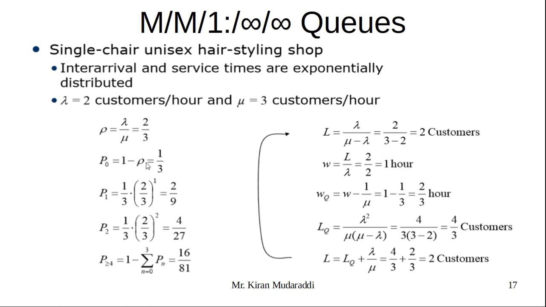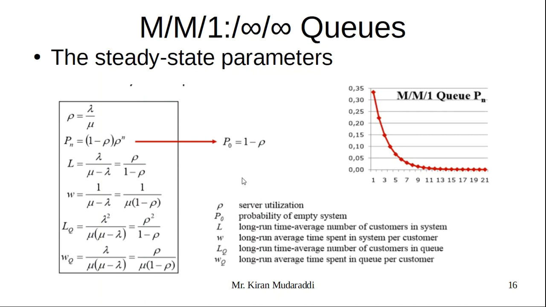P naught is equal to 1 minus rho, that is 1 minus 2 divided by 3, equal to 1 divided by 3. Similarly, we are calculating P1, P2 and so on. That is P1 is equal to P naught into rho raised to 1, that is 2 divided by 9. This formula we are applying.